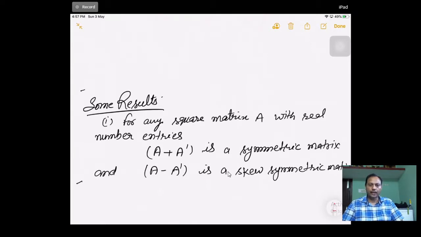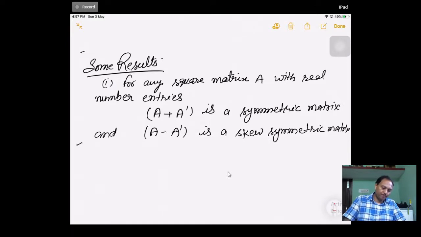If we add a matrix to the transpose of that matrix, then we get a symmetric matrix. Another one is, if we take the difference A minus A prime, meaning from the matrix we subtract its transpose, then we get a skew-symmetric matrix.